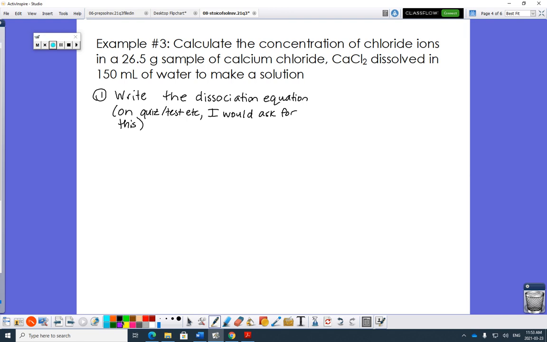So I do give you what the solid is. And you just have to split it apart. And paying attention to the two.